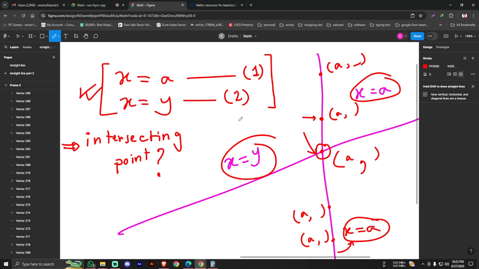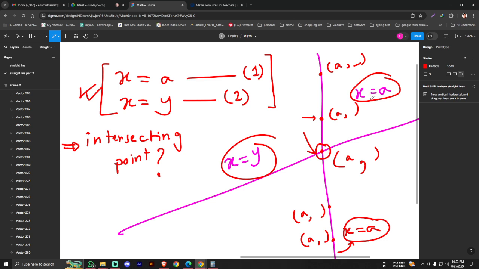If two lines or two equations intersect, we can replace the x value from one given equation into the second one to find the value of y.